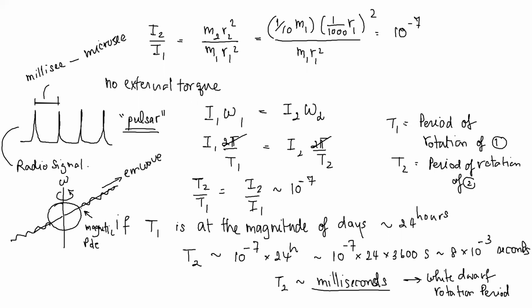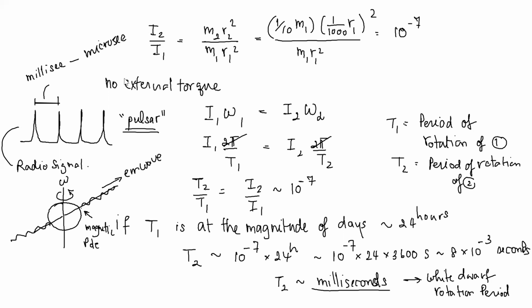Now, because the moment of inertia decreased by 10 million times, the angular velocity of the object will increase at the same rate.